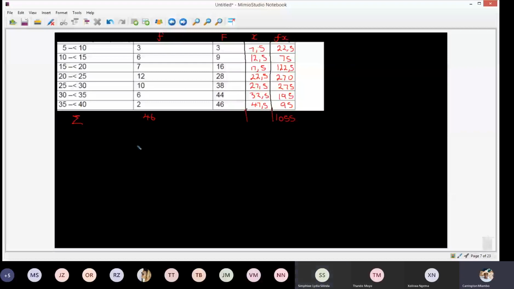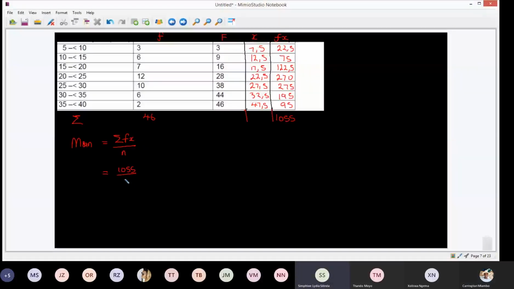So let's find the mean. The sum, which is fx, the summation of fx over n, is equal to 1,055 over what?